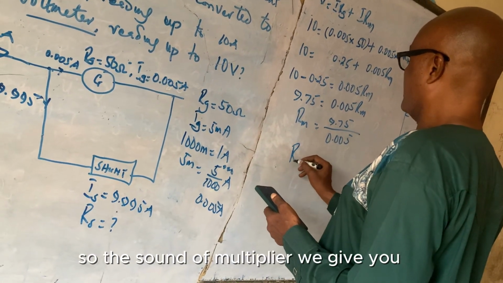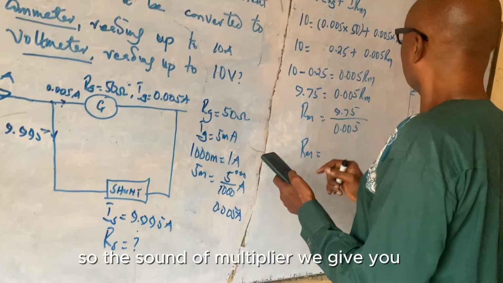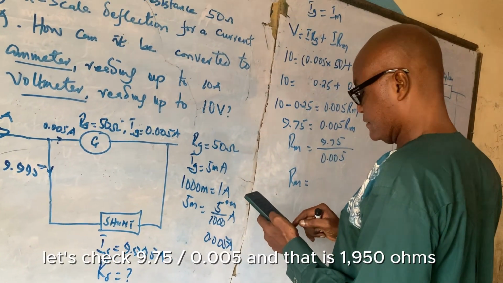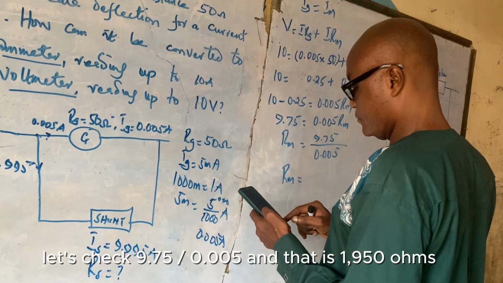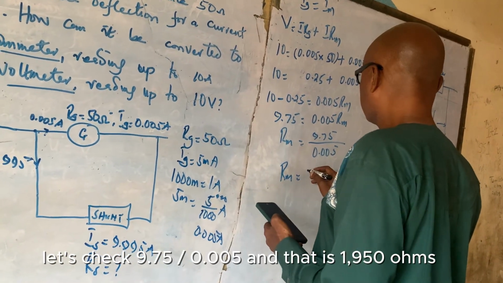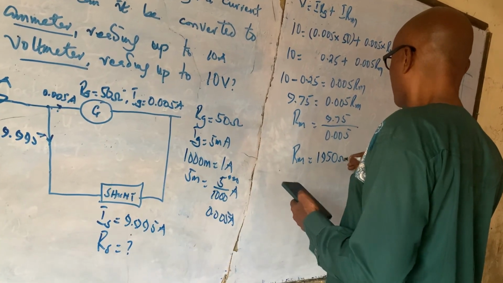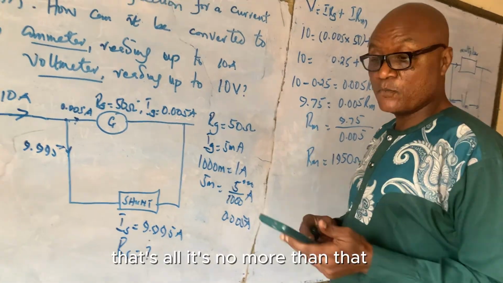So the resistance of the multiplier will be Rm equals 9.75 divided by 0.005. Let's check: 9.75 divided by 0.005 is 1,950 ohms. That is all. It's not more than that.